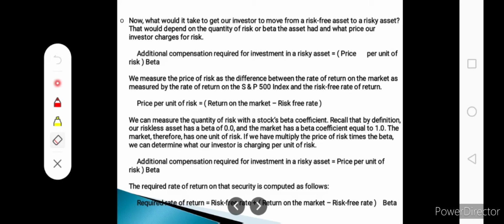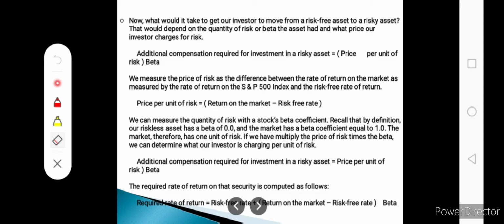If we multiply the price of risk times the beta, we can determine what our investor is charging per unit of risk. Additional compensation required for investment in a risky asset is equal to price per unit of risk multiplied by beta. The required rate of return on that security is computed as follows.